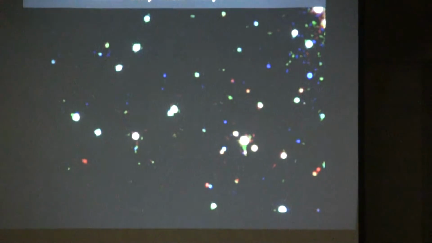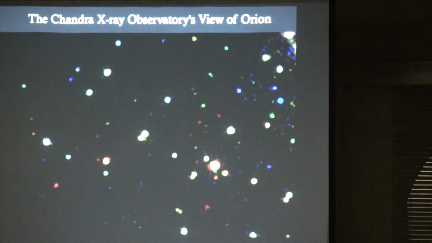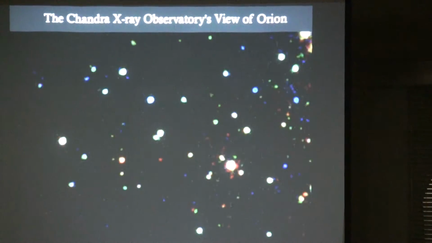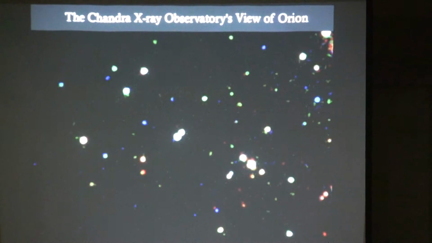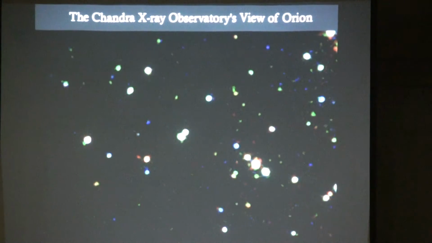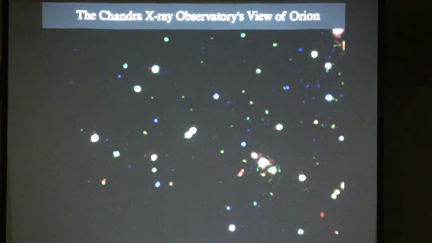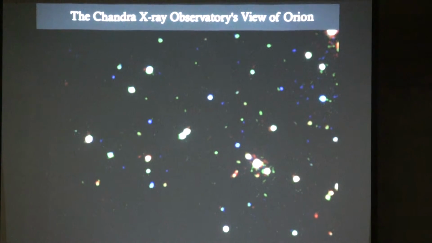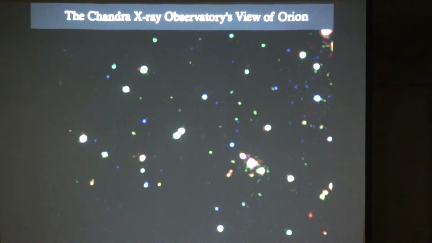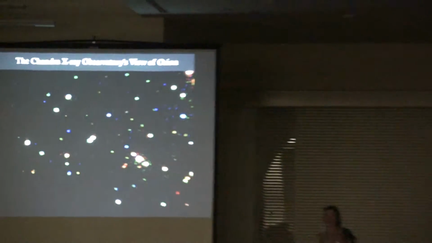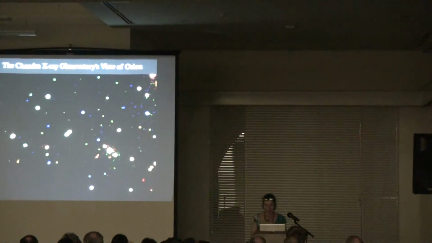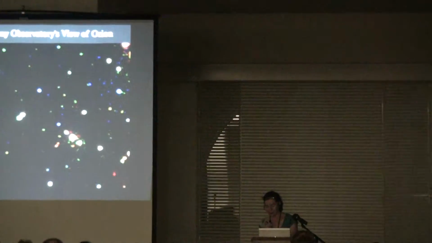So this is 7 days of data in just a few seconds. So if you see a very high amount of X-rays and this variable behavior, then you can be pretty sure that it's a young star and not some background one.